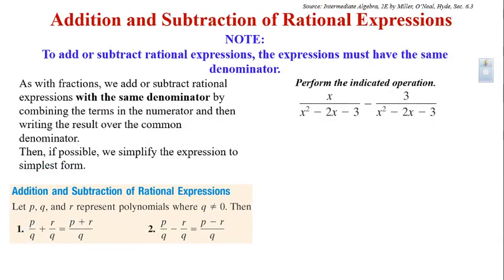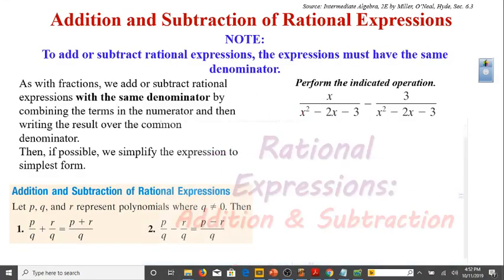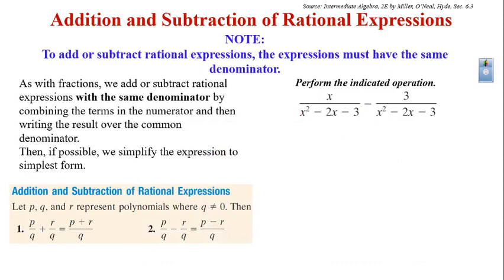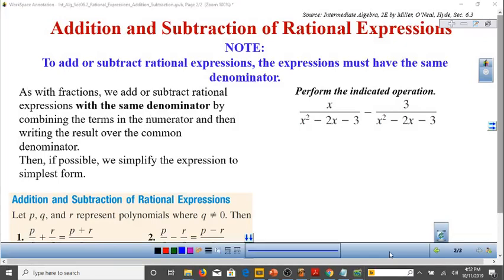Now, rational expressions are, as said in other videos, like fractions. So when you're adding rational expressions, you want to add them in a similar approach as you would when adding fractions. When we're adding two rational numbers, we make sure that the denominators are the same.